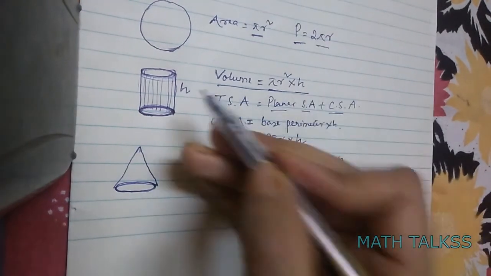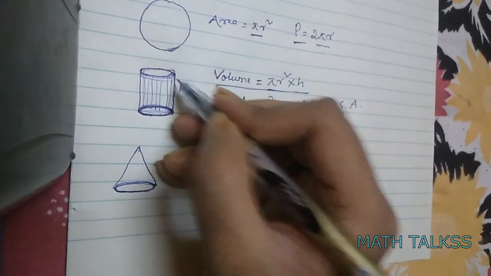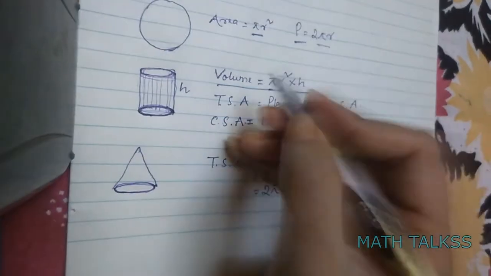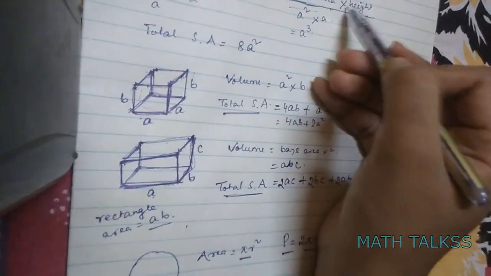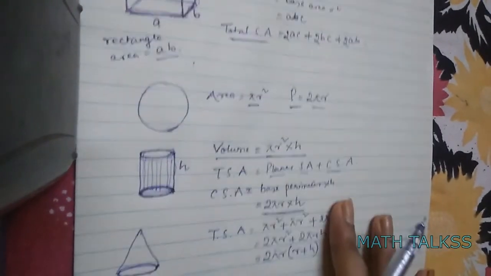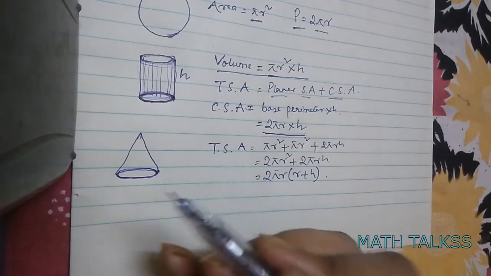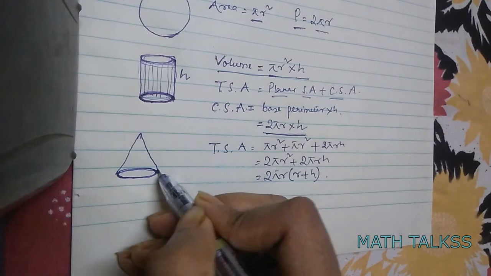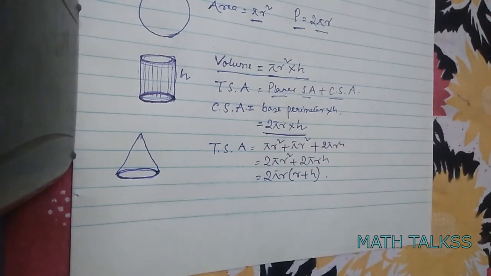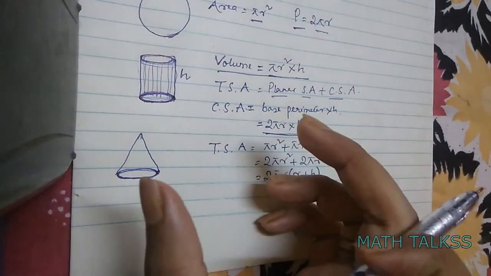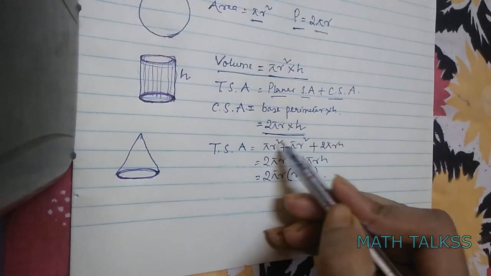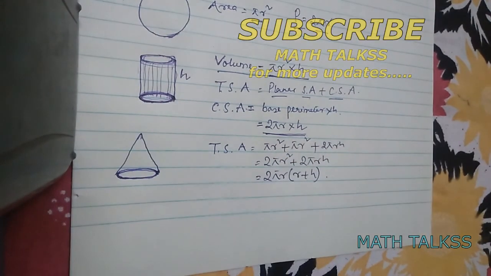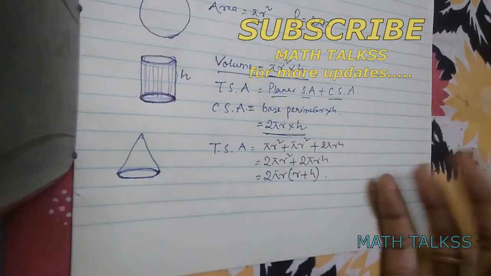Remember, only those geometrical shapes that have a perpendicular height connected to the perimeter of the base, only for those can we calculate the volume as base area multiplied by height. But since the cone does not have that perpendicular height connected to the base perimeter, we cannot calculate the volume as base area multiplied by height, or base perimeter multiplied by h for curved surface area. For the cone we have another type of formula, and that we will discuss later.